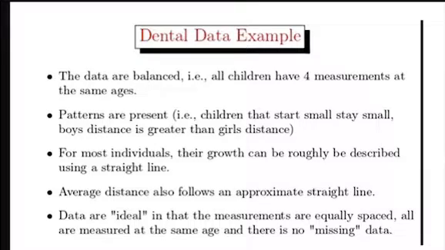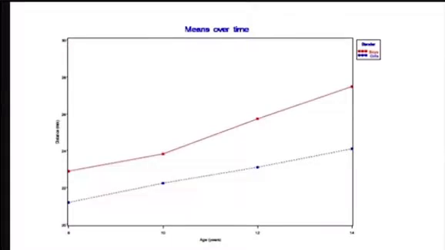But in this data, because the children were observed at an equal number of time points, it is balanced. Does that make sense? And as you can see, for most individuals the growth can roughly be described. This is more or less interpreting what you see here.